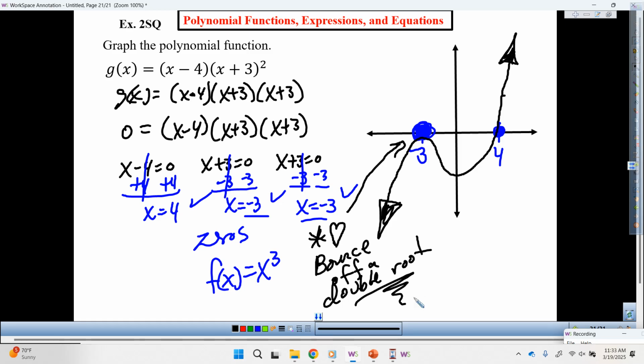All right? Before I move on, once again, explain it to your neighbor, please. Make sure they understand what we just did on that graph. All right? Shall we? Let's go.